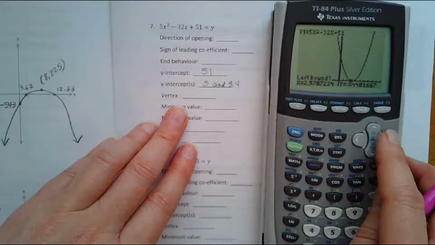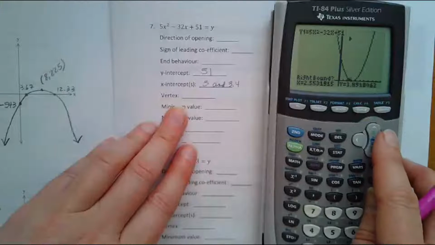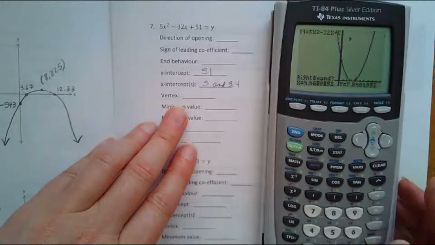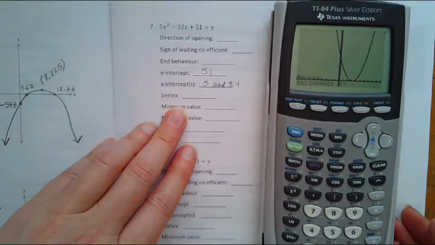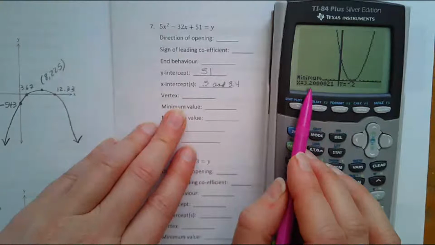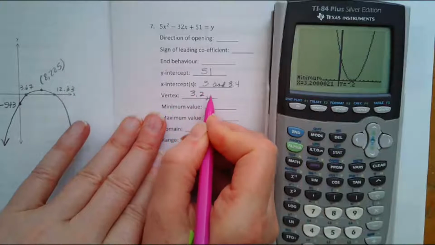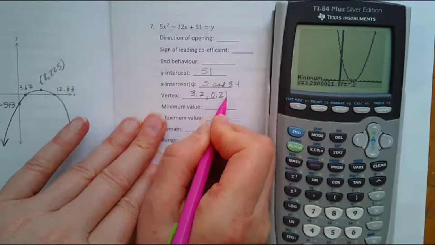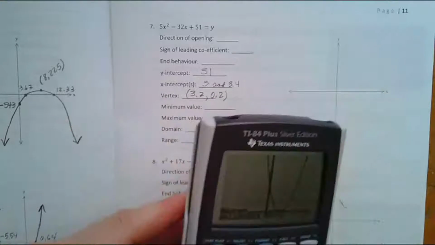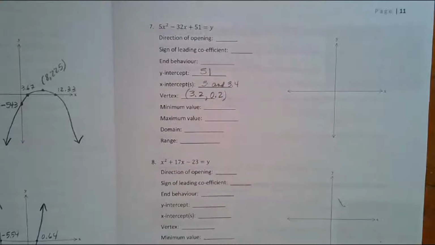So I'm just going to move to the left so that I can see. And then I'm going to move to the right. And my vertex is 3.2, -0.2. And it makes sense, right? The vertex is right smack in between my x-intercepts. The vertex always has to be smack in the middle of your x-intercepts.